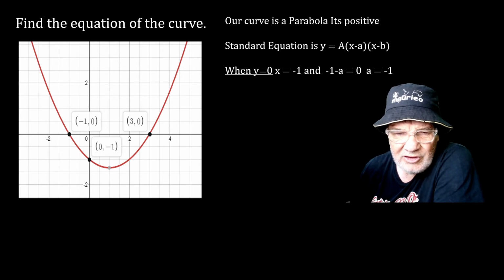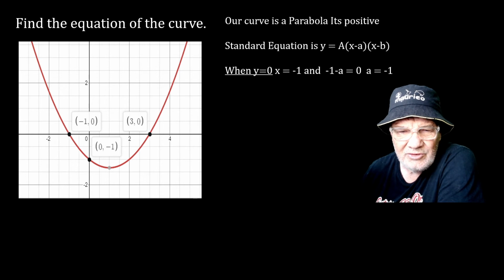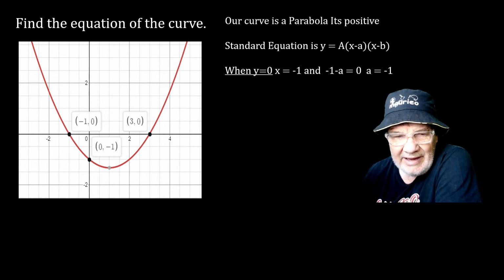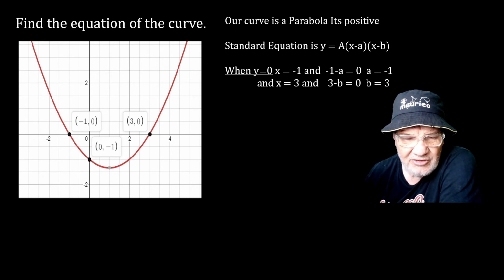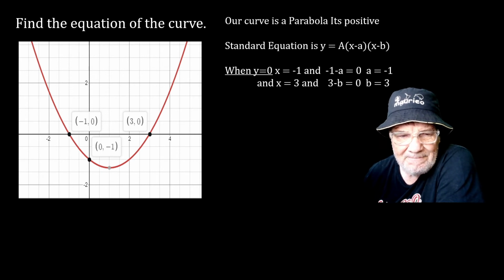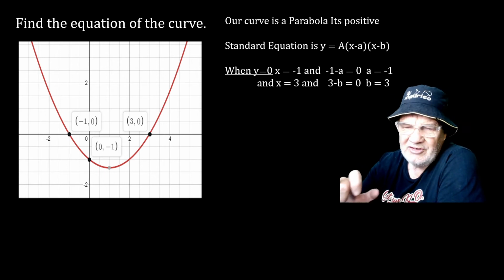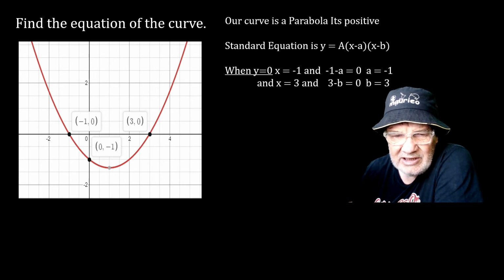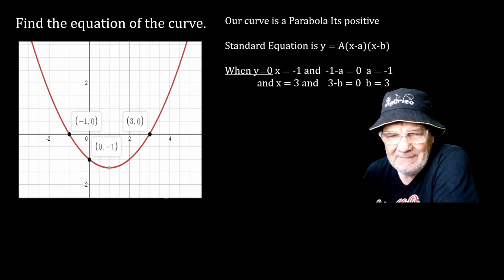So we'll just put -1 for x minus a equals 0, and then we can see a equals -1. And also we can say x equals 3 there as well, so 3 minus b equals 0. It doesn't matter which one's a and which one's b, to be fair. And b equals 3, obviously, as you can see there.